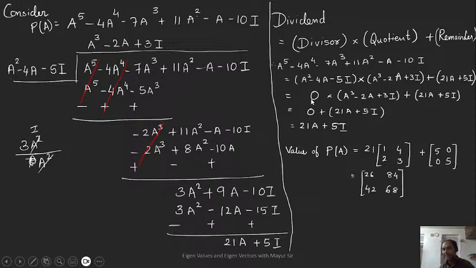How is there divide by? No, it is not divide by 2. Where is divide by 2? There is no division. It is not divide, 21a is it. So we have substituted there.